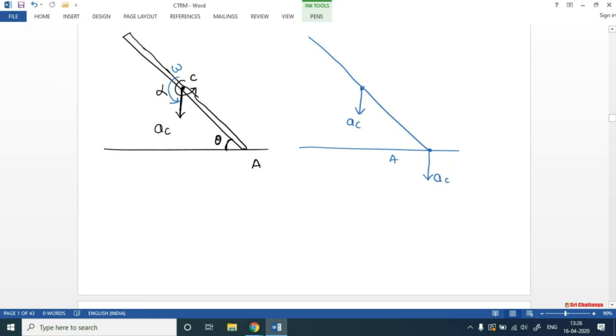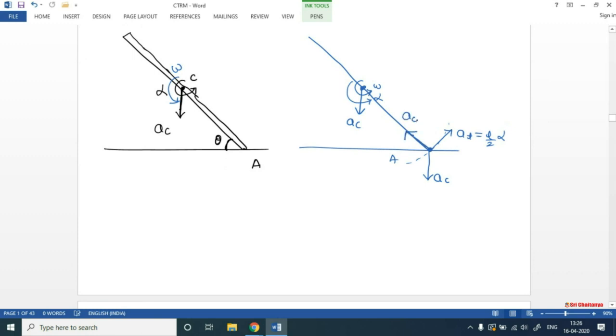Now, about this point P, this is undergoing purely rotational motion with angular velocity omega and angular acceleration alpha over here. So due to rotation this point is going to have a tangential component, that is a_t, equal to L by 2 times alpha, as well as a centripetal component.